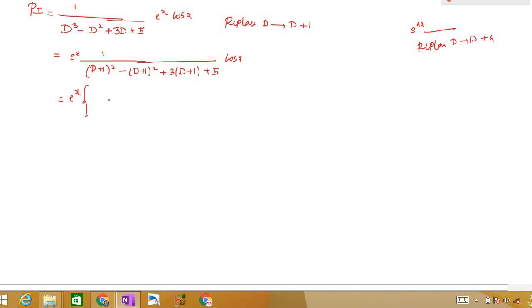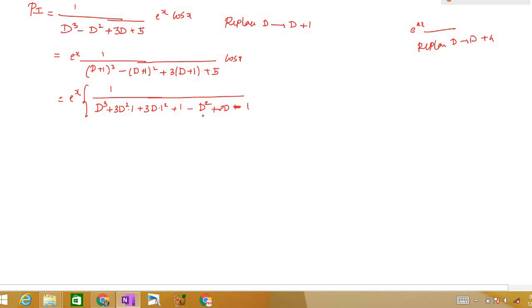So you have to simplify this. So e power x into 1 by, a plus b whole cube is a cube plus 3a square b plus 3ab square plus b cube, minus, a plus b whole square is a square plus 2ab plus b square.